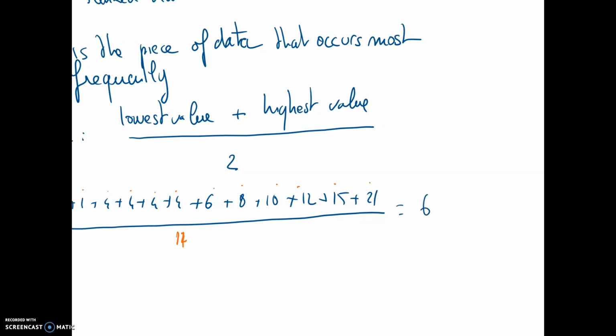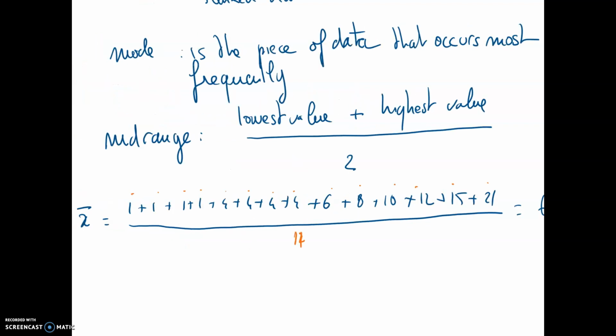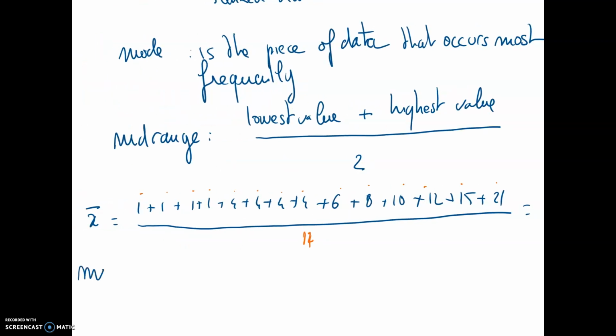Now the next one that I need to calculate is the median. To calculate the median, which is the value in the middle of a set of ranked data, the median is going to be 6, because when you look at the data 1, 1, 1, 1, 4, 4, 4, 4, 6, 8, 10, 12, 15, and 21, we have 14 data.